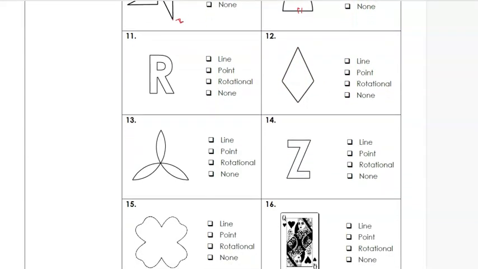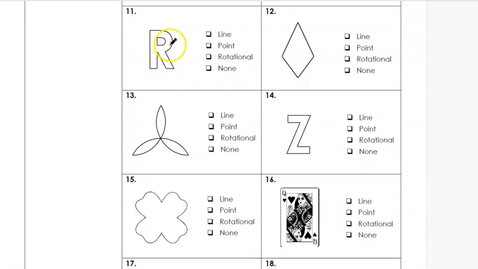All right, number 12, number 11, sorry. Looking for line symmetry, you can probably see that that doesn't exist with a vertical line. Doesn't exist either with a horizontal line. So we're going to throw out line symmetry for number 11.